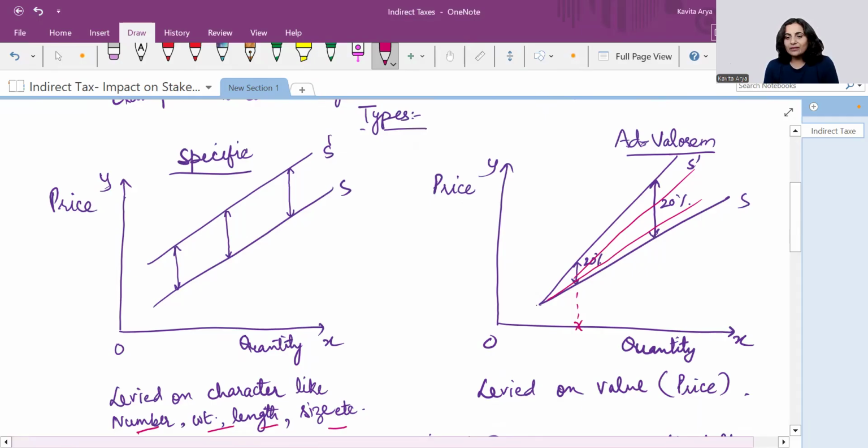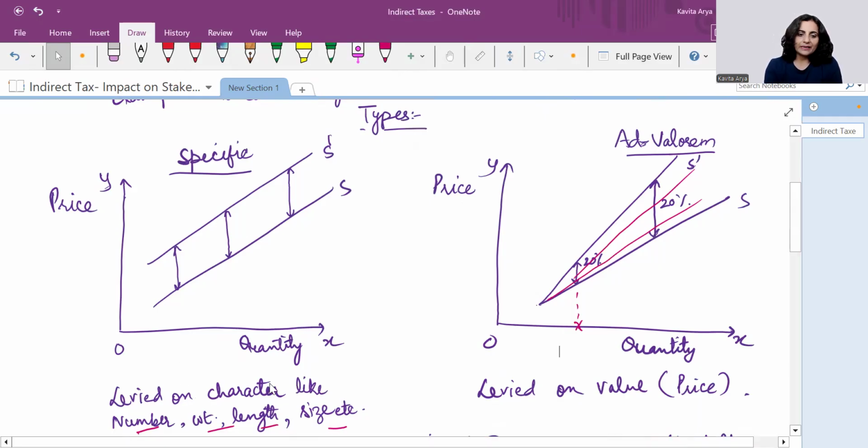So when the quantity keeps increasing, the value keeps increasing, and this gap is enhanced. So ad valorem shows this type of structure, and specific shows this parallel structure, giving a widened supply curve.